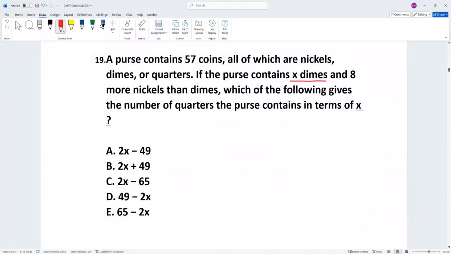So what we are going to say is, let x be equal to the number of dimes, n equals the number of nickels, and then q equals the number of quarters.